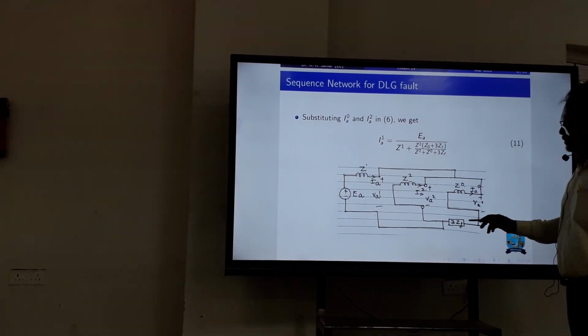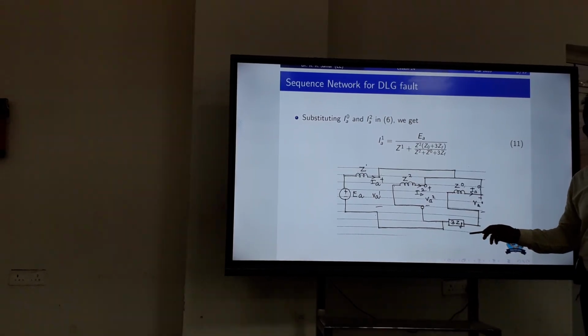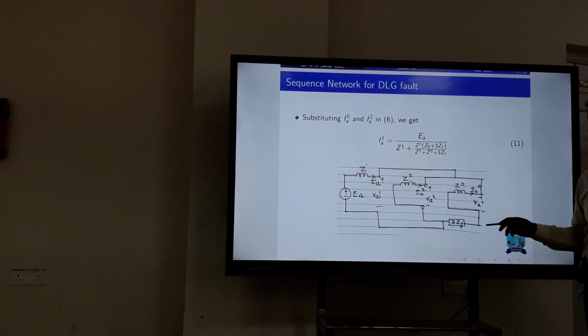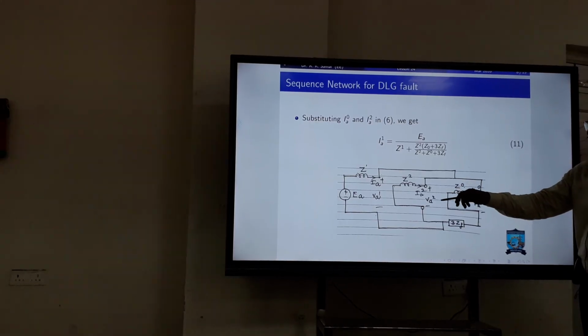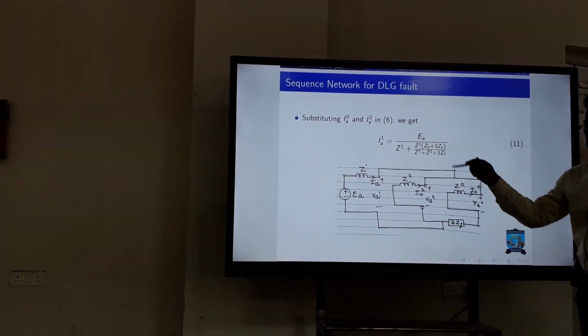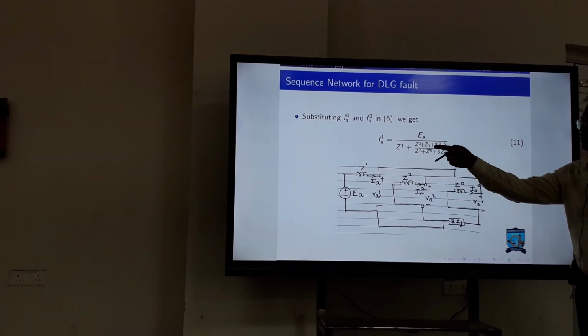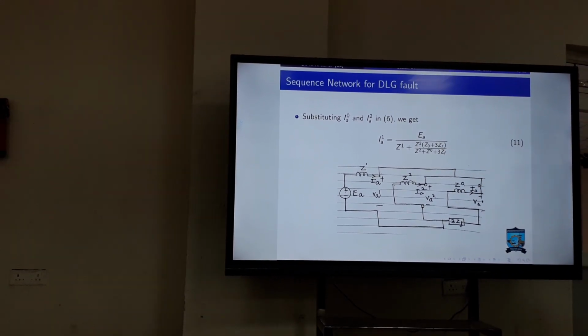Here you see there is a 3 ZF also, but many times ZF is 0, so in that case this will be 0. And this network, if you see this closely, is converted into this formula.